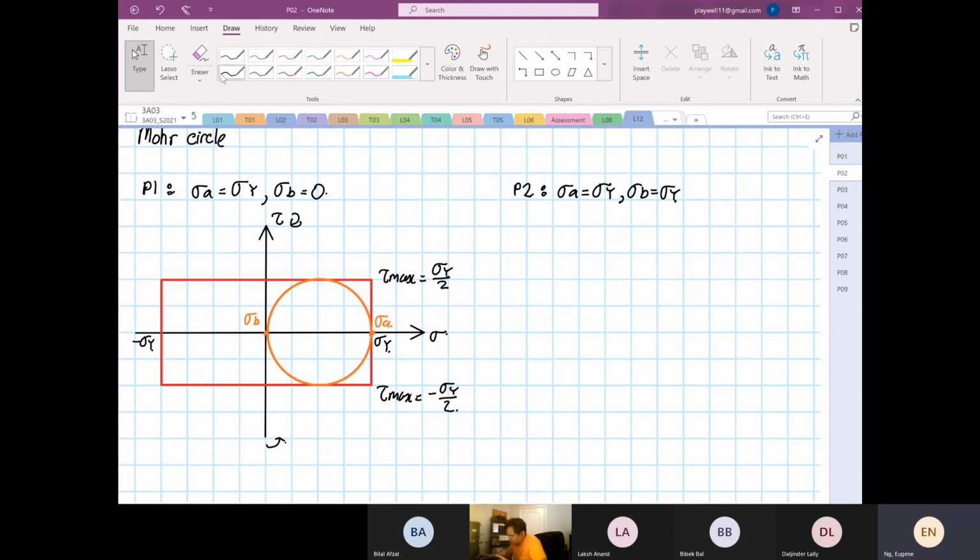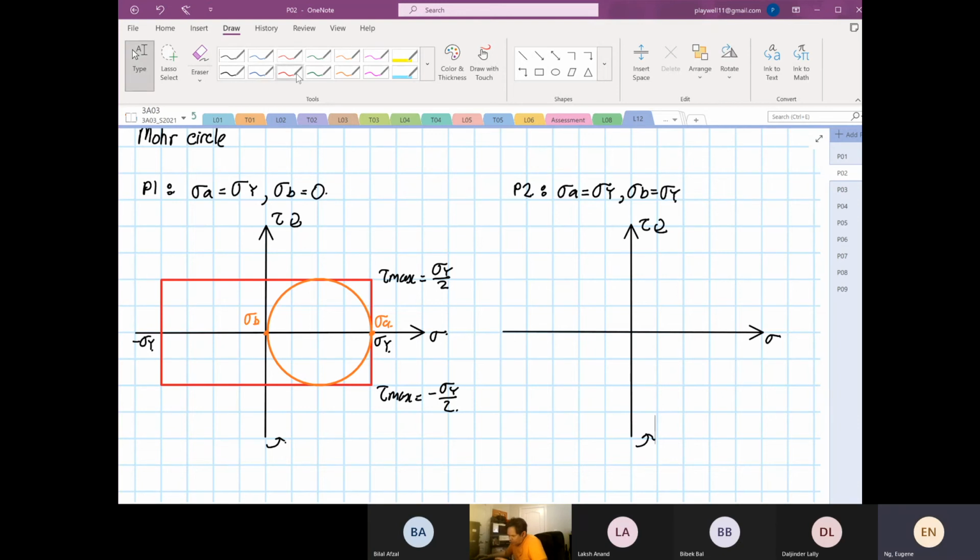So I'm going to still draw the same limits, same operating limits. This is our normal stress, shearing stress, element rotate clockwise, counterclockwise.